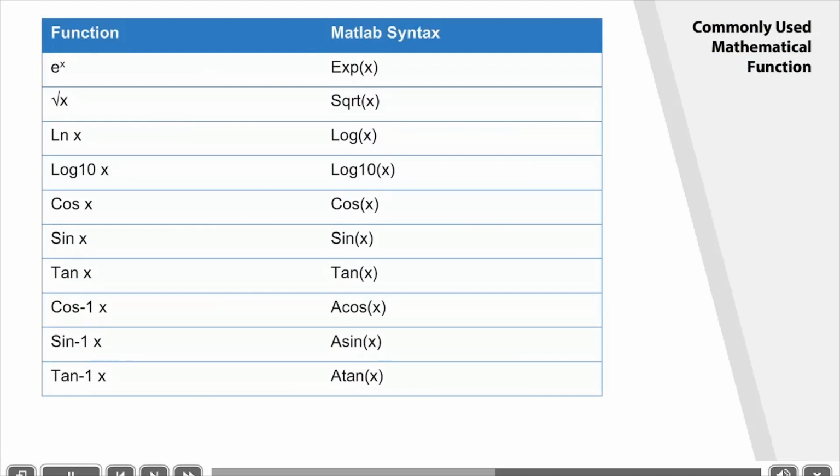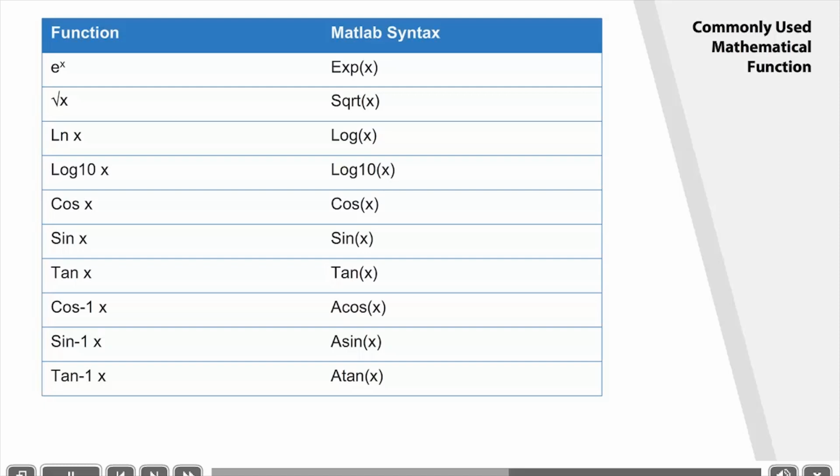Shown in this slide are some common functions that we commonly use in MATLAB. We have the exponential function, e raised to x, that for any input argument x raises e to the power of that input. Then we have the square root function, which returns the square root of any input argument. Then we have the natural logarithm function, and log base 10, which returns the base 10 logarithm of any input argument.